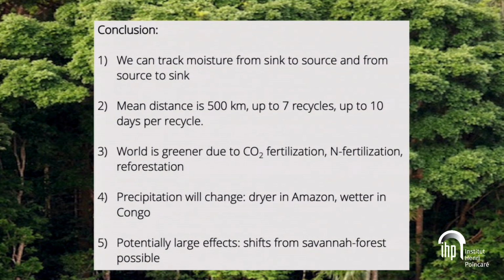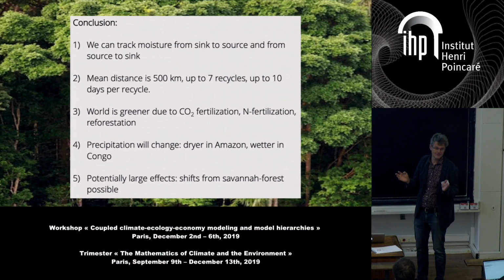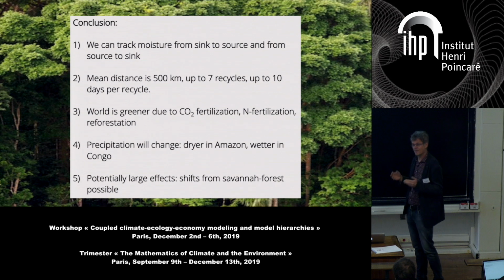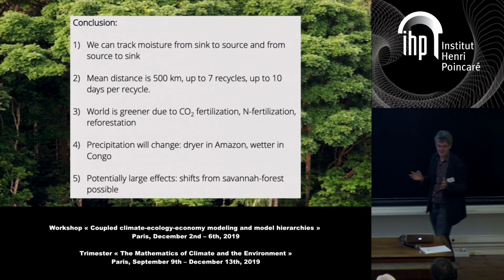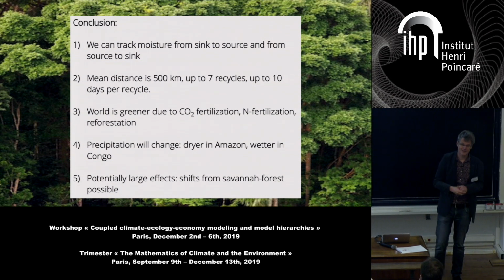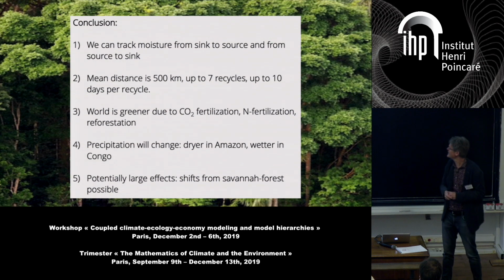And then, of course, we have these big future trends expected, which is that the world is getting greener. So CO2 fertilization. We also have enormous plans of reforestation. So this will also dramatically influence the moisture recycling.